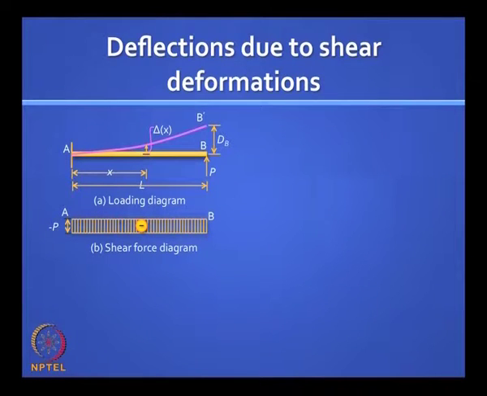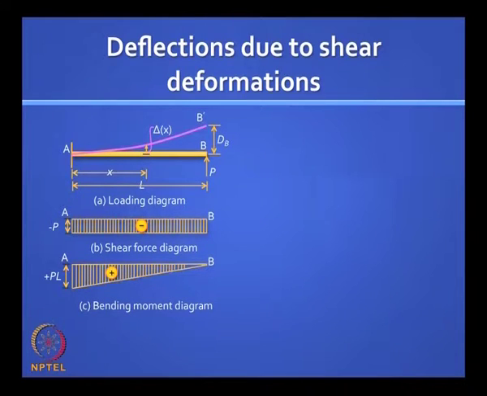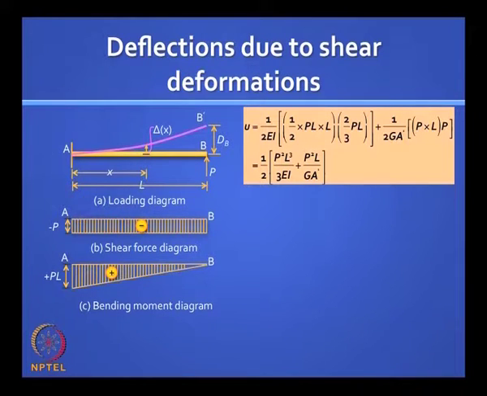So you can see the shear force diagram shows a constant shear force P, and the bending moment diagram, in this case a sagging bending moment diagram, varies linearly. And if you want to find the strain energy in the system, it is easy, you can use that formula, but now we will include shear strain energy as well.